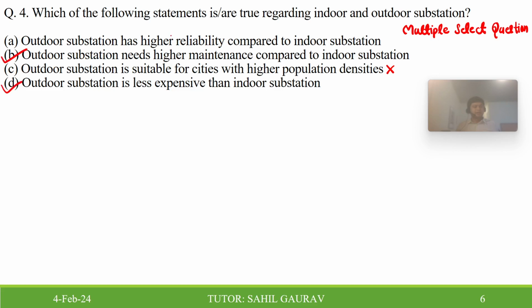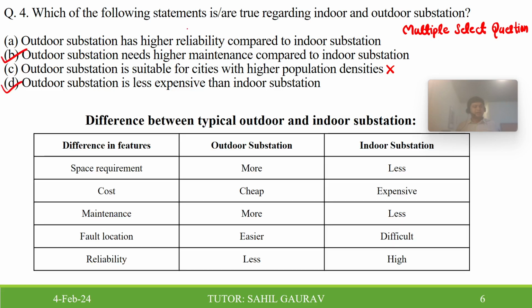If you see the difference between the outdoor and indoor substation, in outdoor substation the space requirement is more, while in indoor substation the space requirement is less. Outdoor substation is comparatively cheaper than the indoor substation.